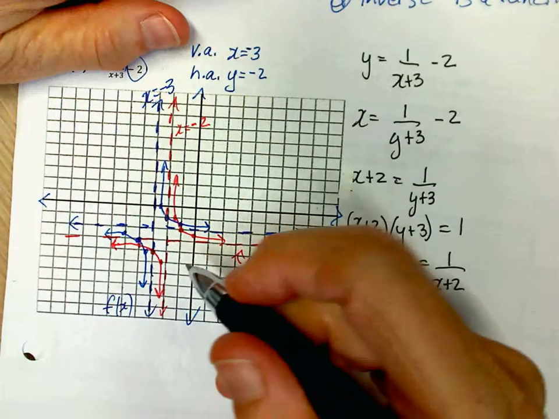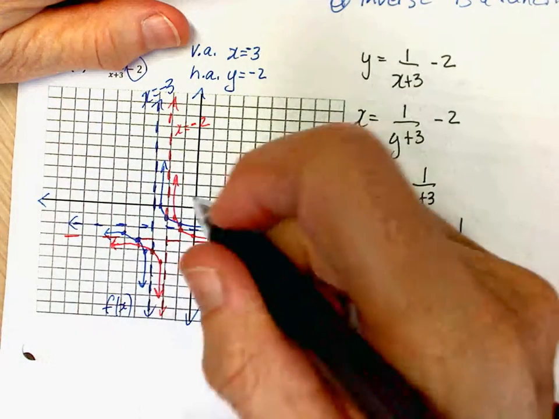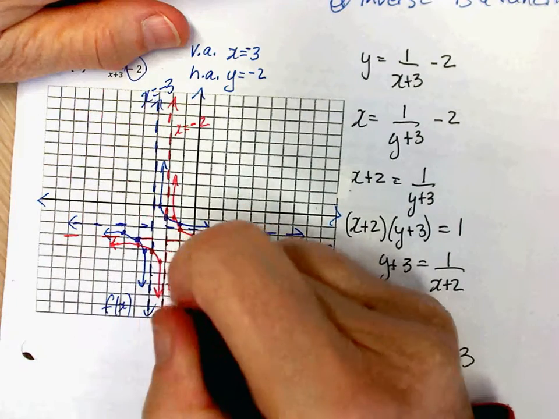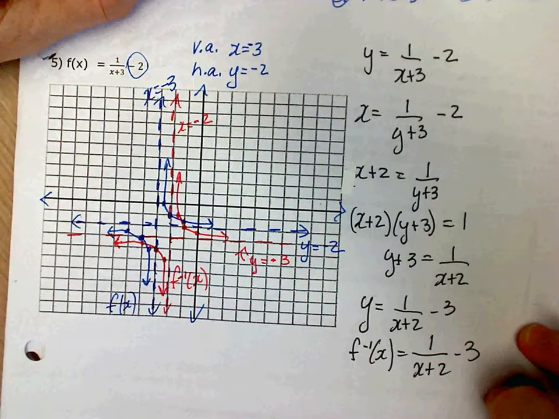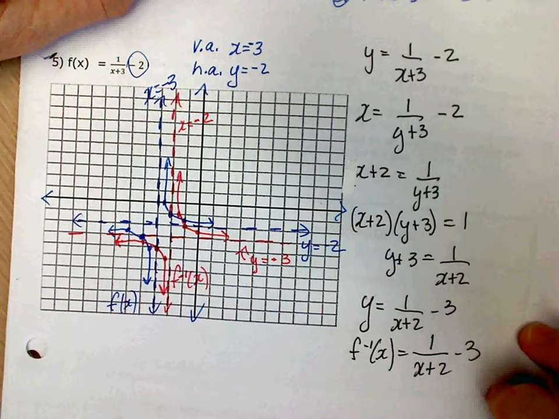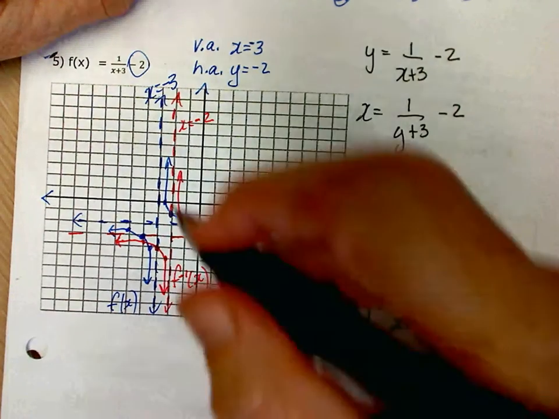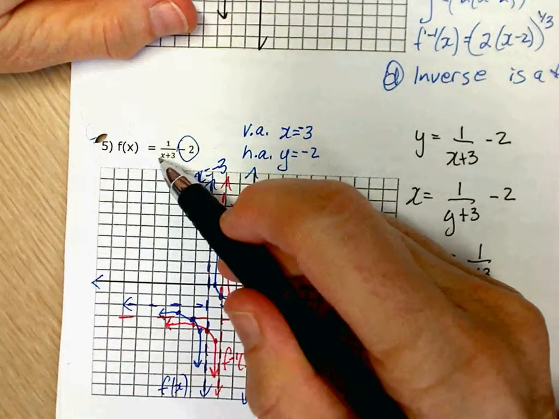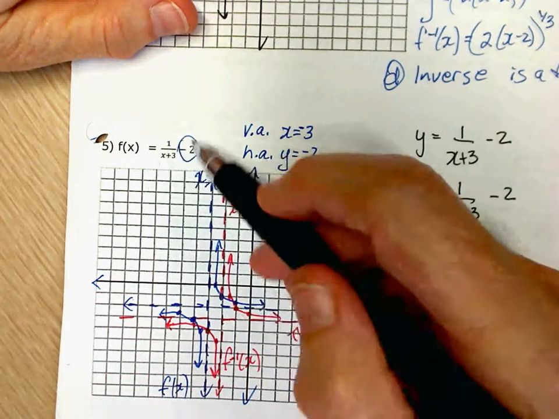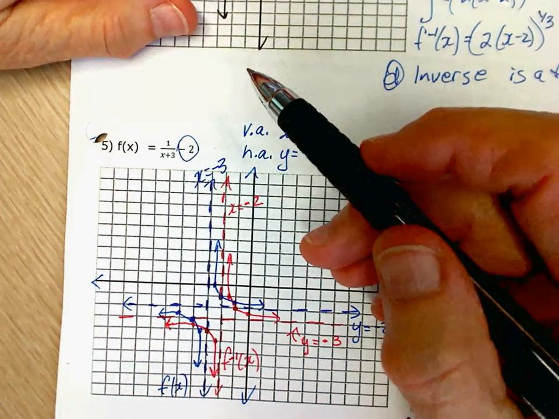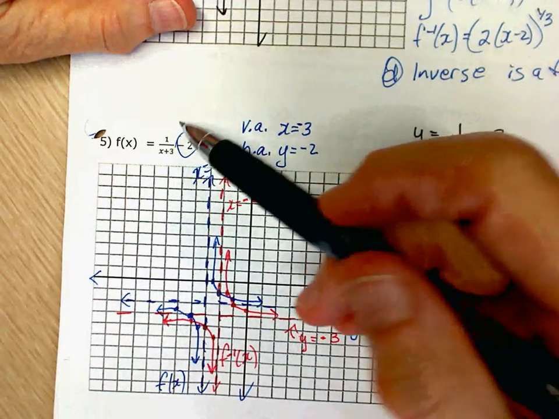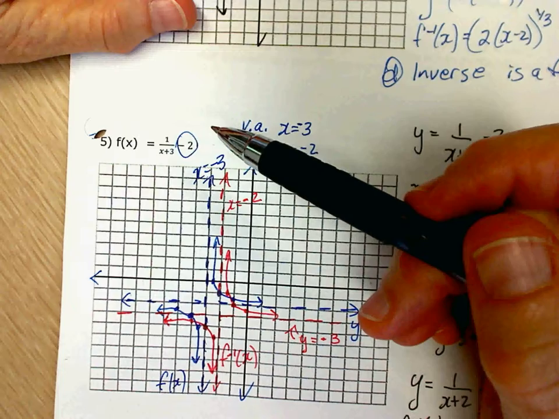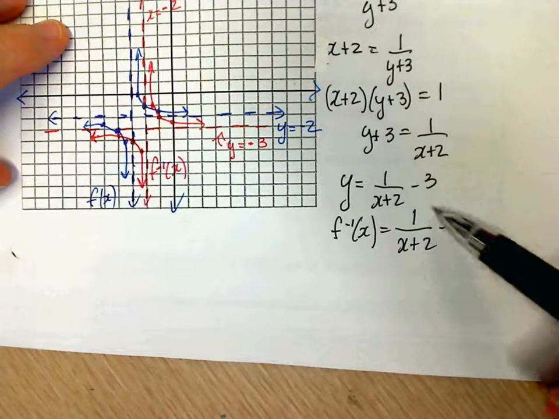You could have used the points, but if you see that there's no horizontal stretch or compression, there's no vertical stretch or compression, it's just going to look like the original guy. There's no stretches, so it's just a matter of getting your asymptotes in there.